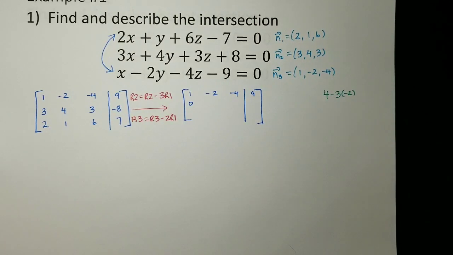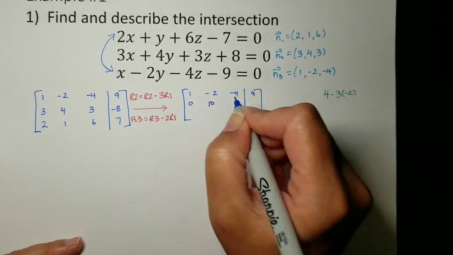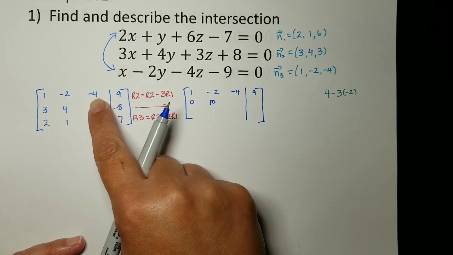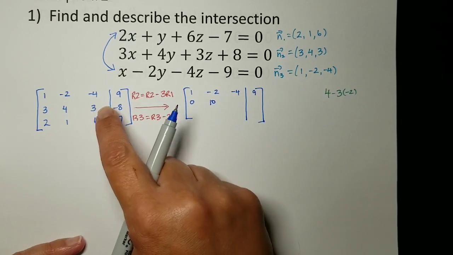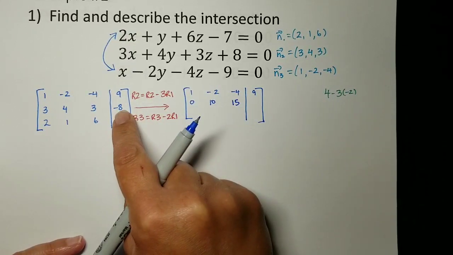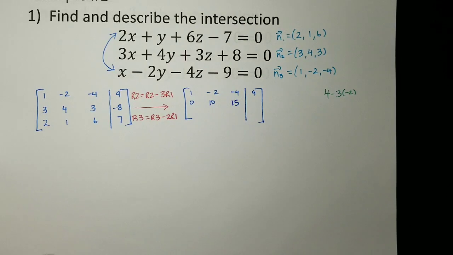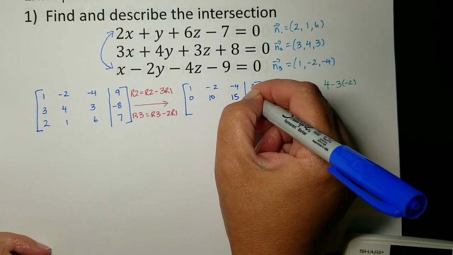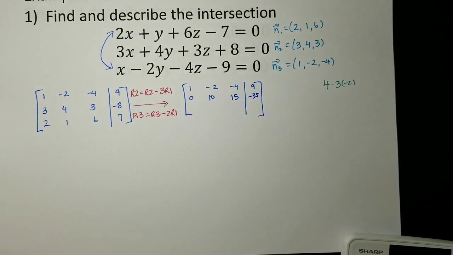So I'm going to have a 10 there. And 3 minus 3 times -4, so that's +12. So I've got 15, -8 minus 3 times 9, and I've got -35.